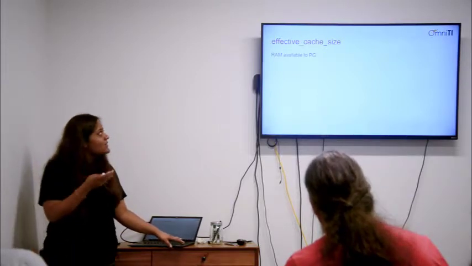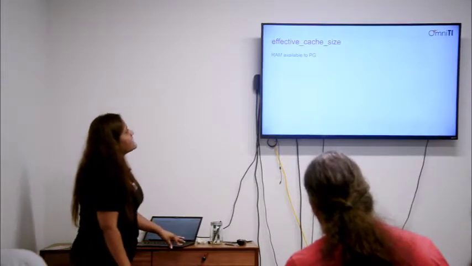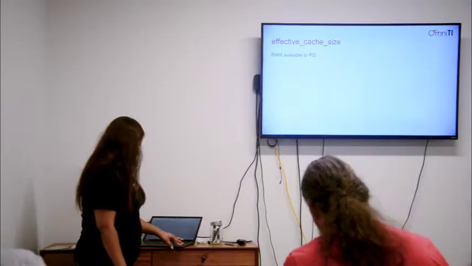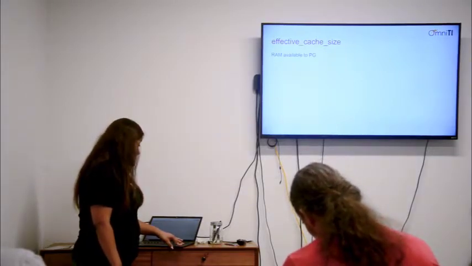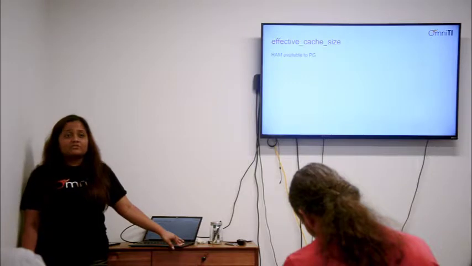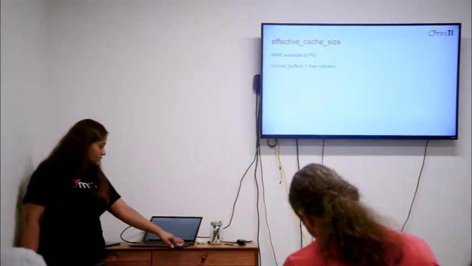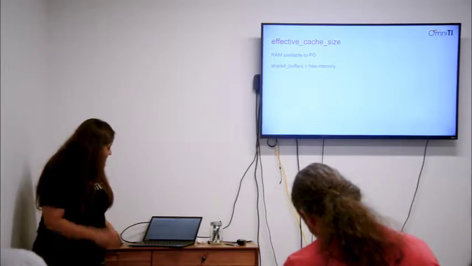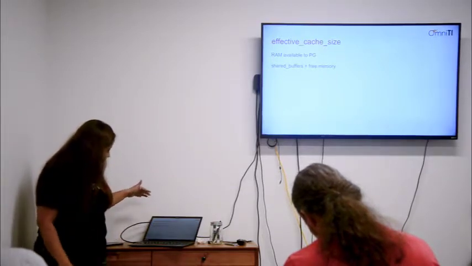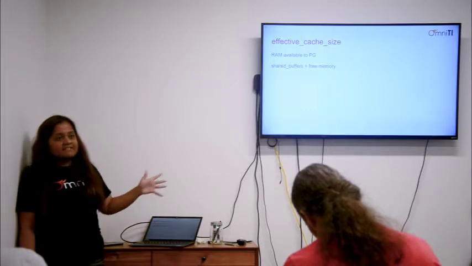And close to shared buffers, and perhaps even more important in certain cases, is effective cache size, which is the total RAM available to Postgres. So in most cases, you have a dedicated server for Postgres, right? And so this value basically will involve your shared buffers plus the free memory.